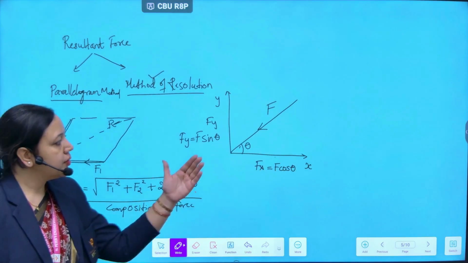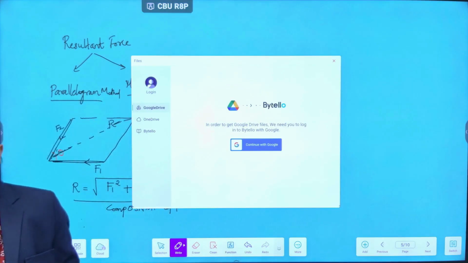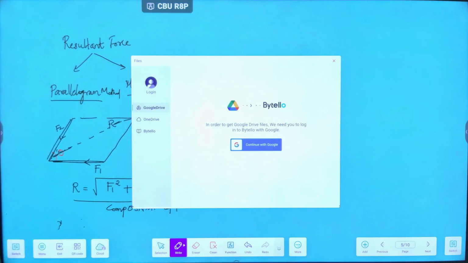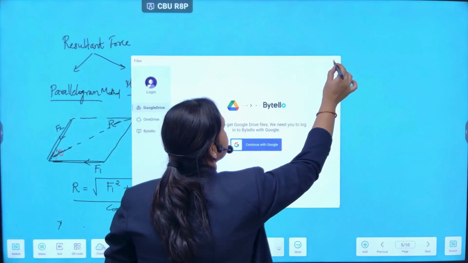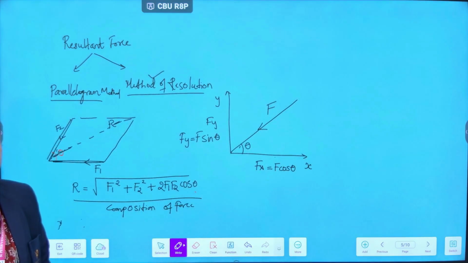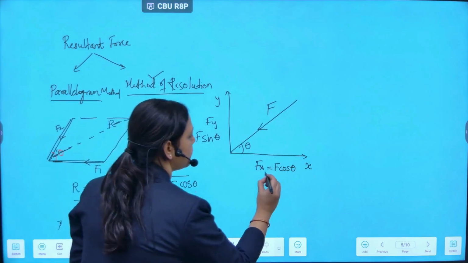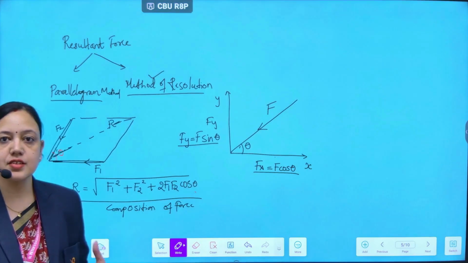Now we got Fx and Fy, these are the magnitudes. What about their direction? As I said, force is a vector quantity.